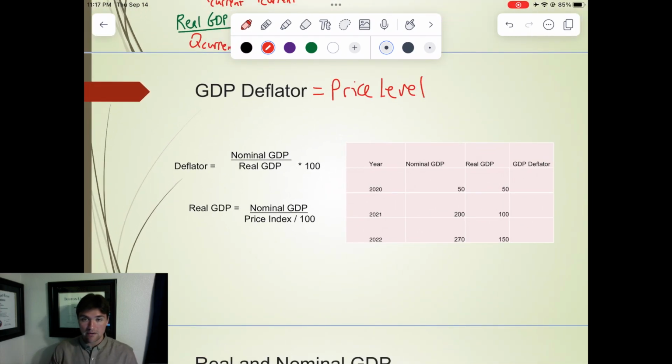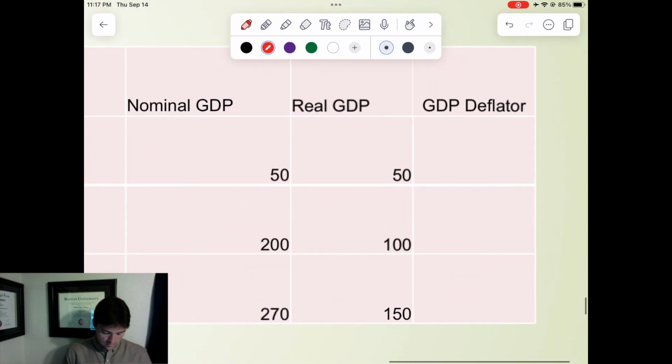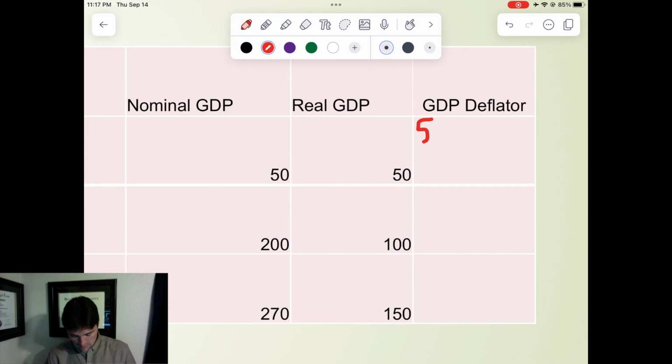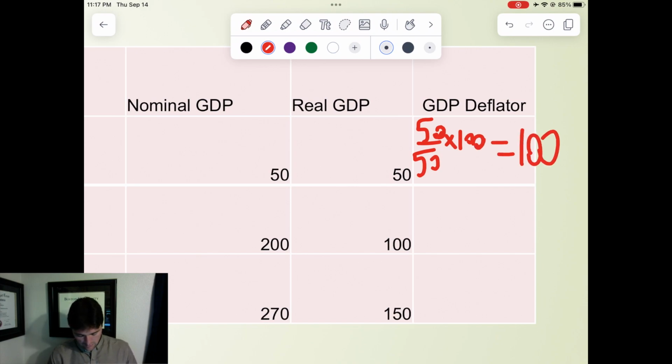So we calculated both, the nominal and the real. You're just going to divide those and multiply by 100. So that'll be 50 divided by 50 times 100, so that'll be 100. Then you'll do 200 divided by 100 times 100, so that'll be 200.